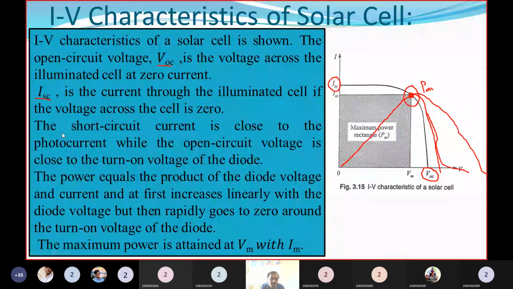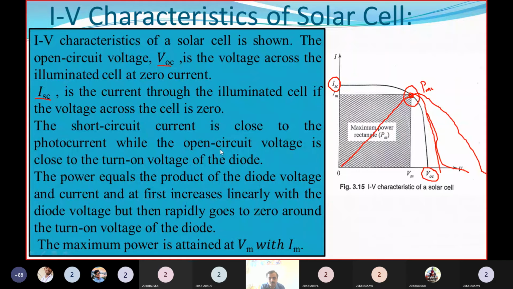Now the next point: the short circuit current is close to the photo current, while the open circuit voltage is close to the turn on voltage of the diode. Here the short circuit current is approximately equal to the photo current.